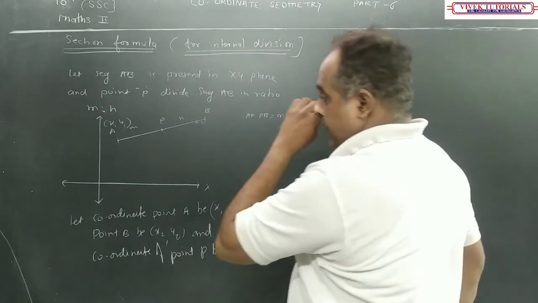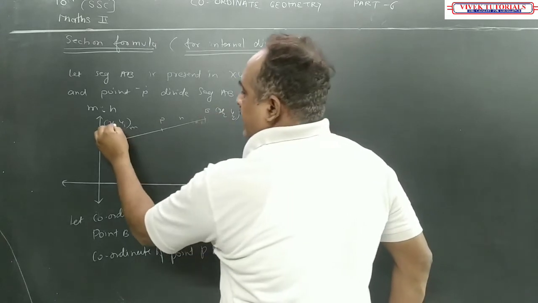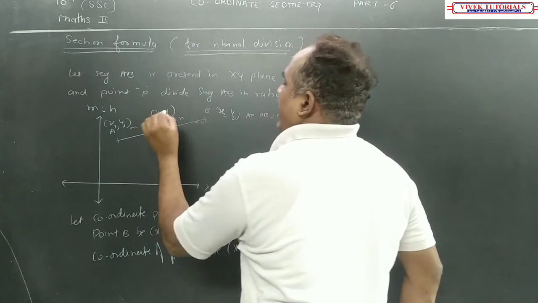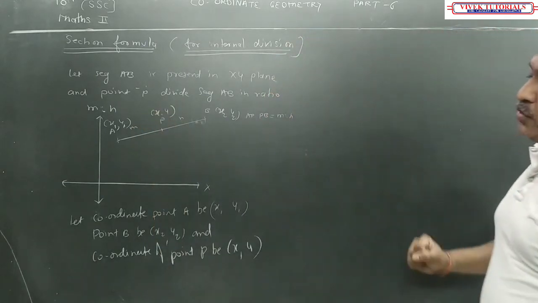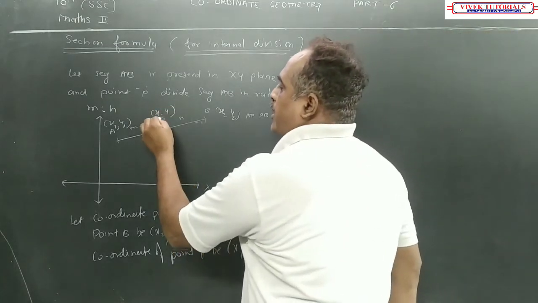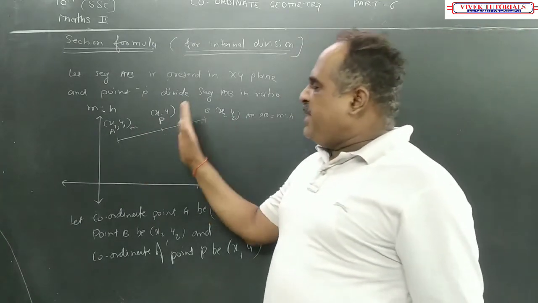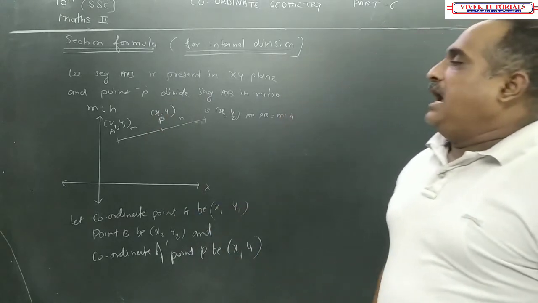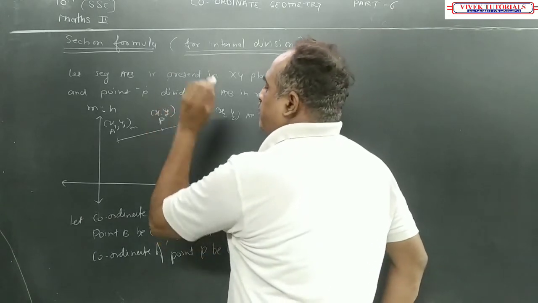There is no x1 y1 for P, it is just x, y. So we have to find out the value of x and y, that is, the coordinates of point P, which divides segment AB internally.